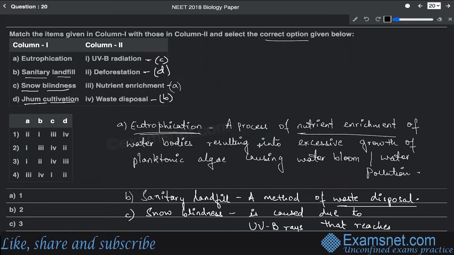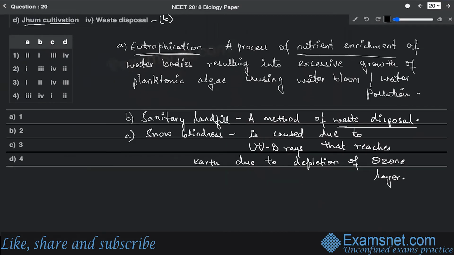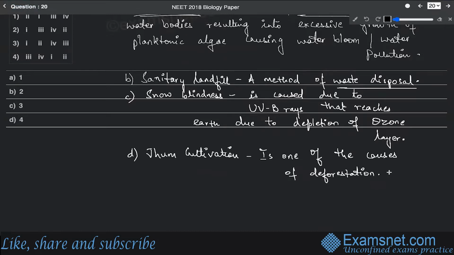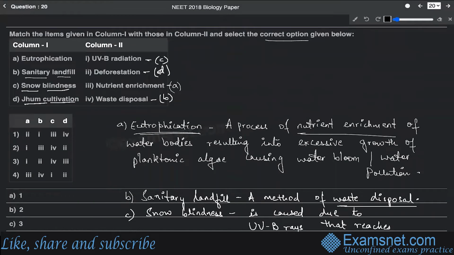Because of the clearing and the cultivation, this results in clearing of the forest areas, and that's why it results in deforestation. So D is related with, that means Jhum cultivation is one of the causes of deforestation. So this is going to match up with D.